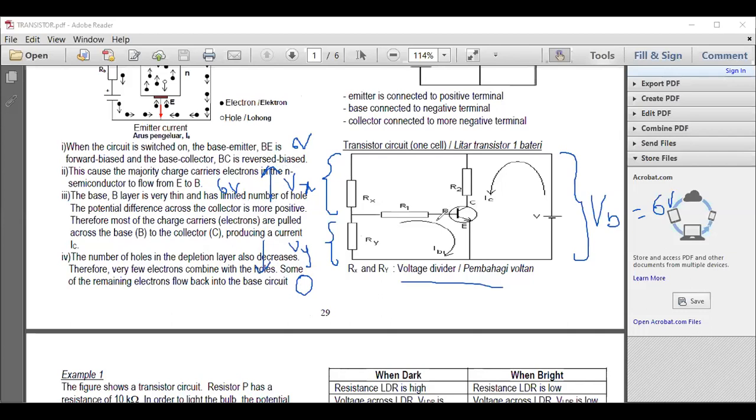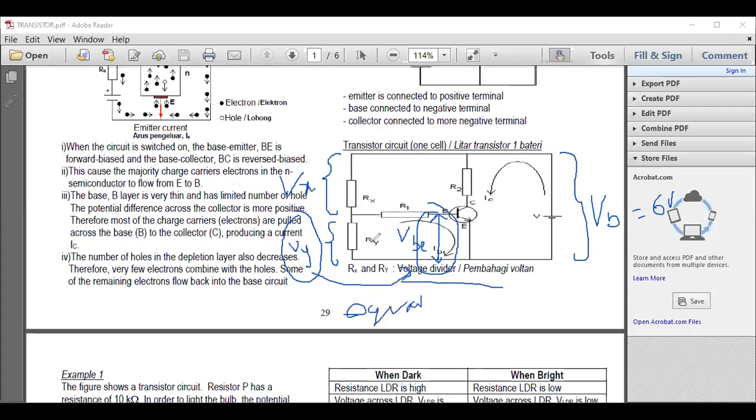Just now we looked at X and Y. Now we're going to look at base emitter. This is the emitter and base. The voltage across base emitter we call VBE. Now, this base emitter is parallel to your Y. They are parallel, meaning the voltage of Y will equal the voltage of base emitter.